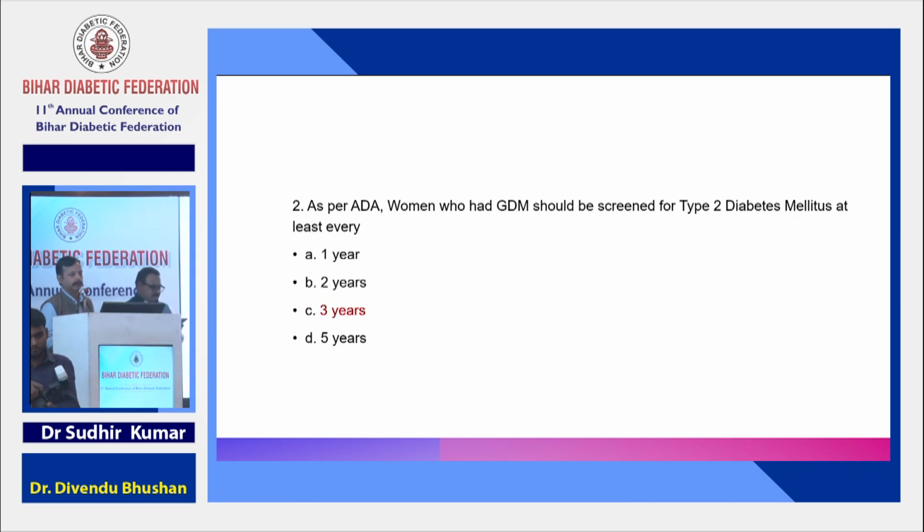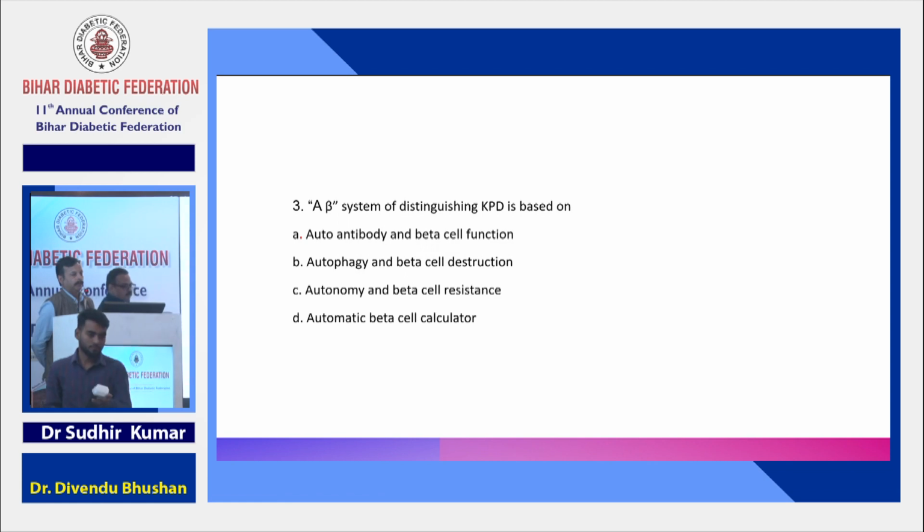So, next question for the next team. The A beta system of distinguishing ketone prone diabetes is based on. So here you have to say what A beta stands for.